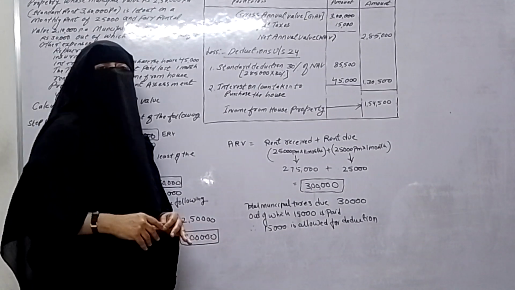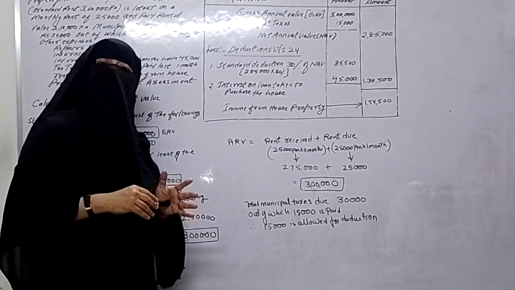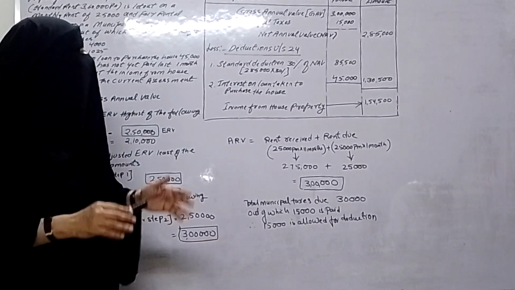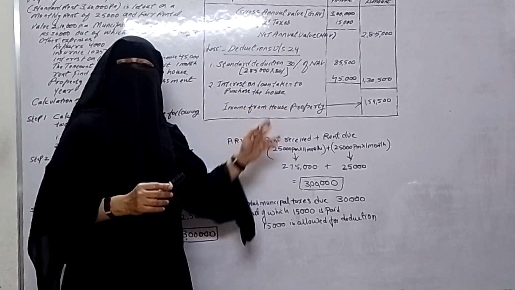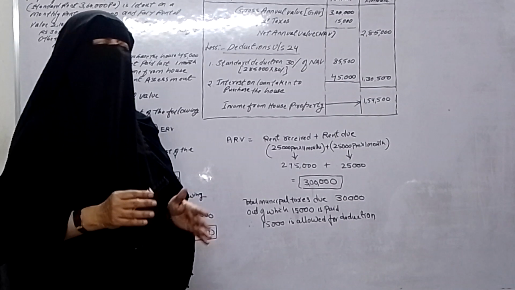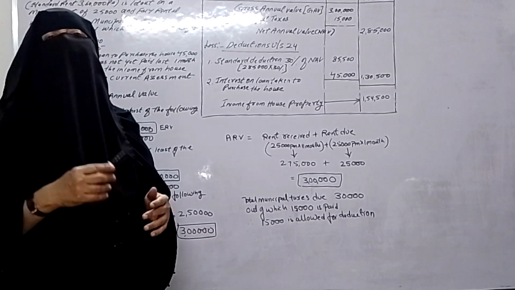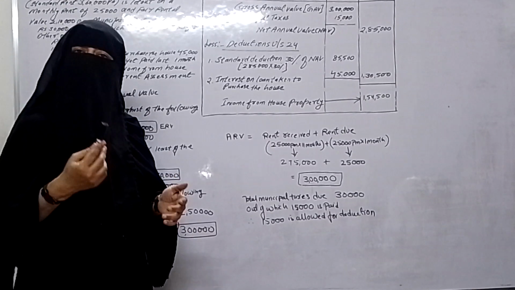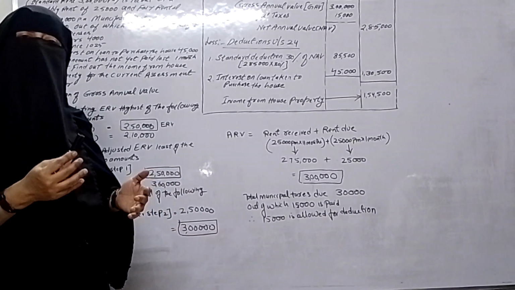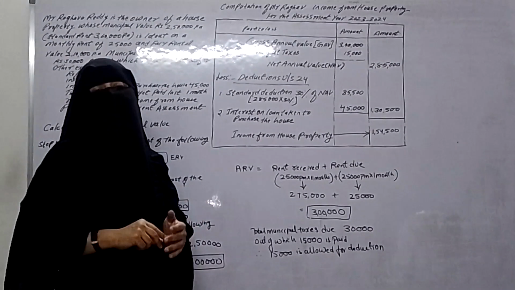Under section 24, two deductions are allowed for computing income from house property let out. The first one, standard deduction, that is 30% compulsory deduction. And the second one, interest on loan. If the SSC took a loan for purchasing the property, for constructing the property, for repairing the property, or for reconstructing the property, and the interest on loan is paid or interest on loan is due, both interest on loan paid and interest on loan due are allowed for deduction.